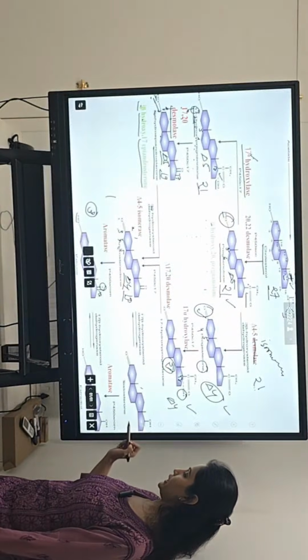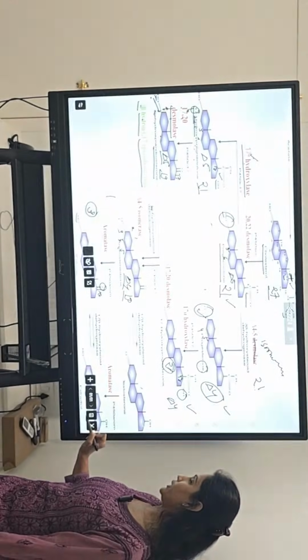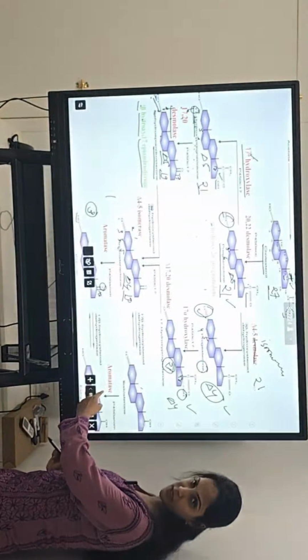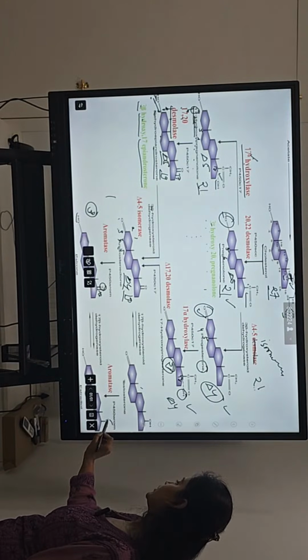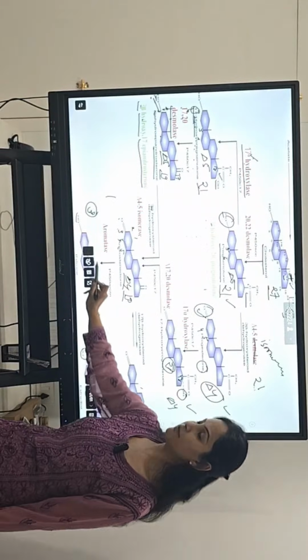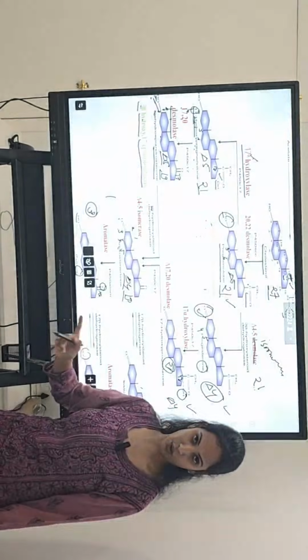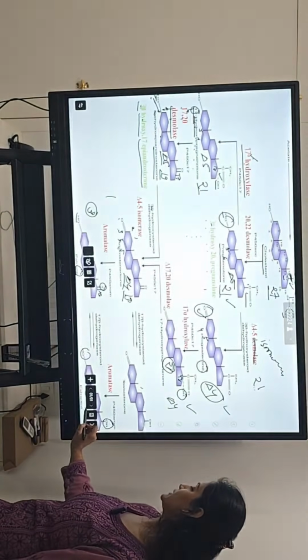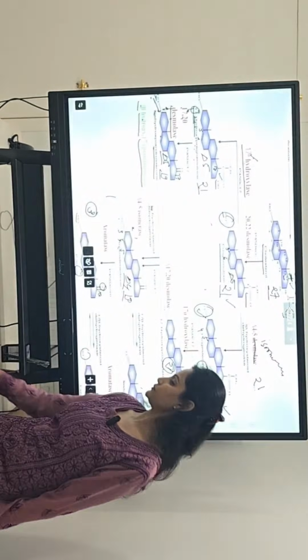This testosterone is converted with the same enzyme aromatase. So here we can see there are 2 OH groups, and here there is only 1 OH group. So this is one, estrone, and here it's 2, so this is diol, and if it is 3, this is triol.